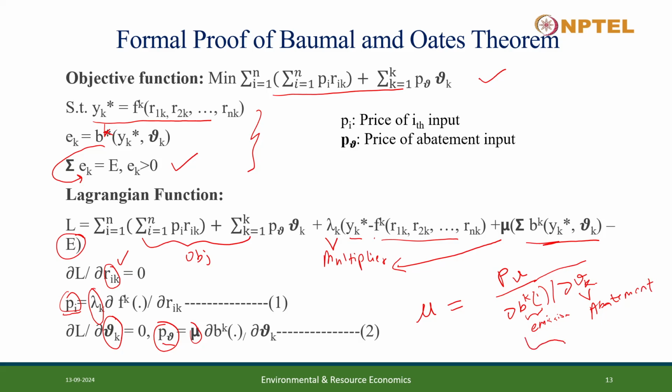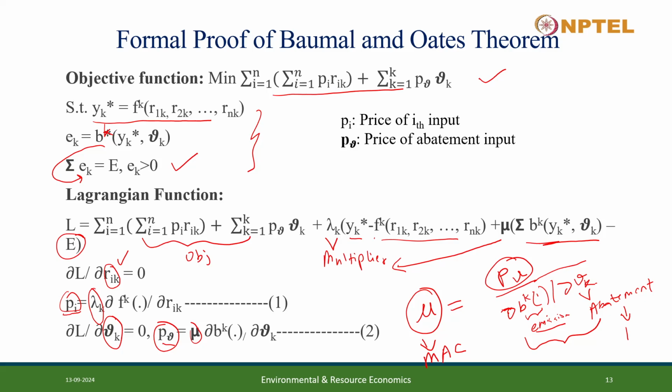This whole value will give me the impact on emission by abating 1 unit. By changing 1 unit, what will be the change in emission, and this is my price of abatement. So I can say that mu is the marginal abatement cost. The cost of reducing 1 unit of emission can be given by mu.